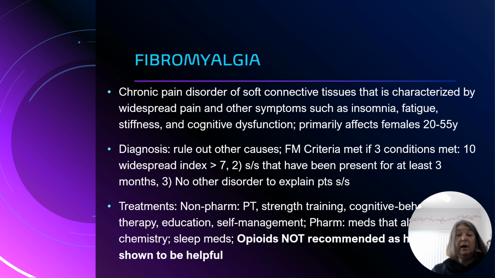I will tell you right now, this is not in the book, but this is the most current train of thought, that fibromyalgia is autoimmune and that it's autoantibodies causing the pain related to the fibromyalgia. The weirdo thing with fibromyalgia is that there is no physical sign or symptom causing this pain.